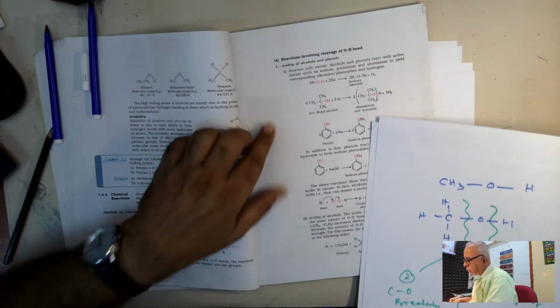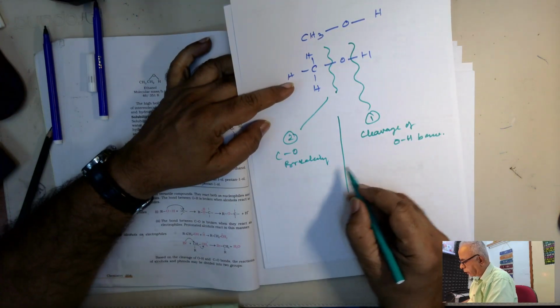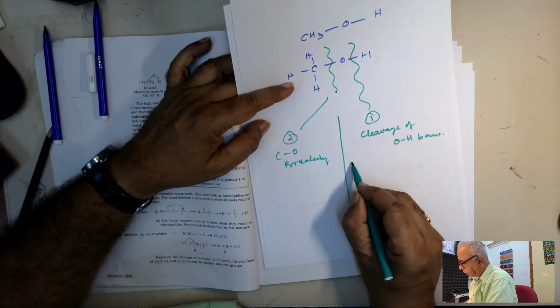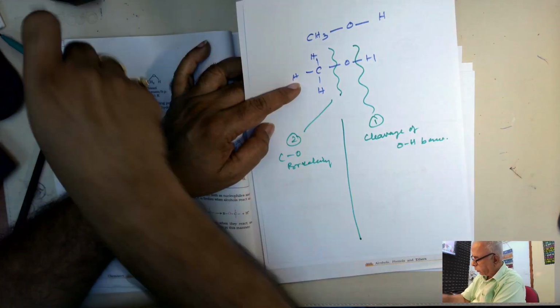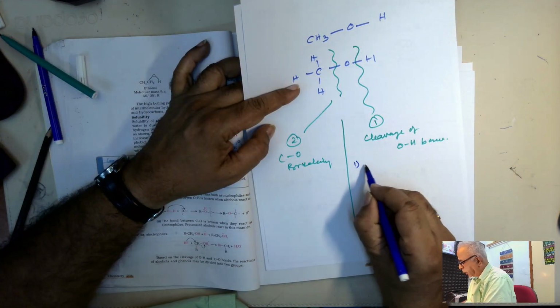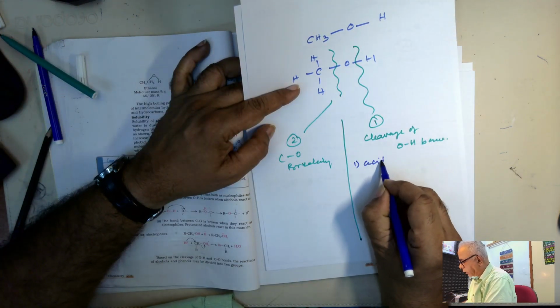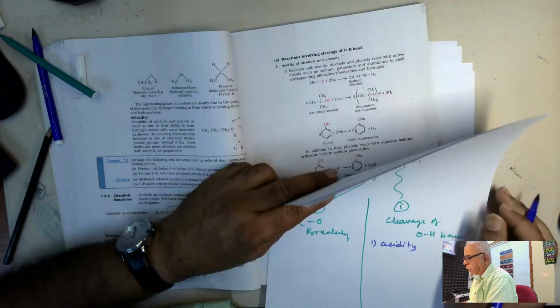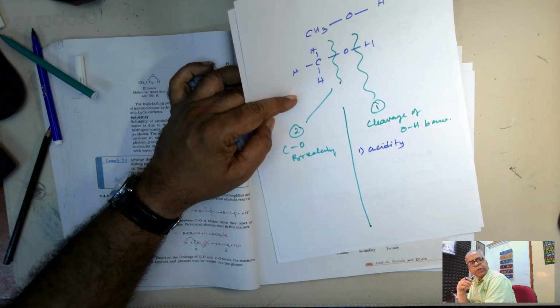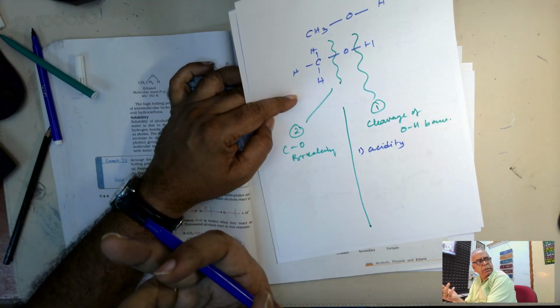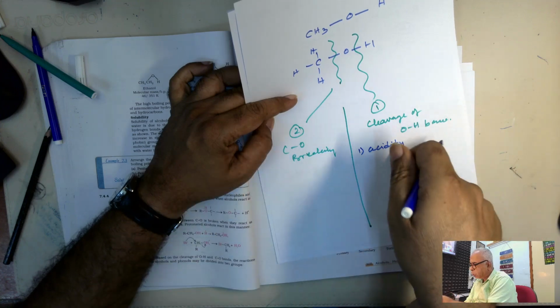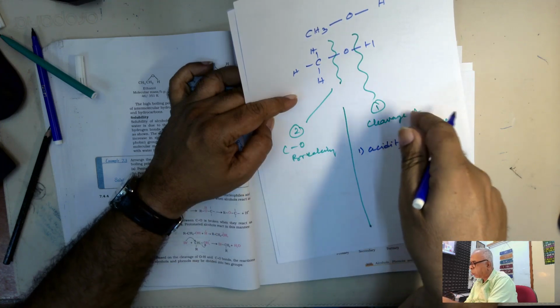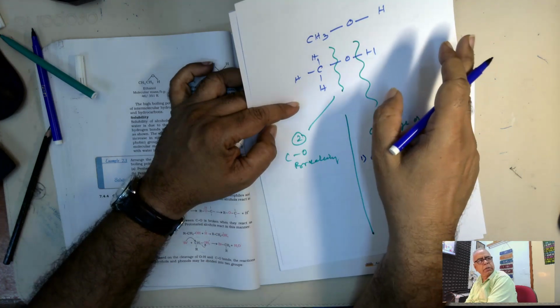What are the different reactions of alcohols and phenols? The first one is acidity. Take down. Point number one, we talk about acidity. What is acidity? Acidity means the release of H plus, is it not? That is why we talk about acidity, because when the OH bond is broken, H plus is released.